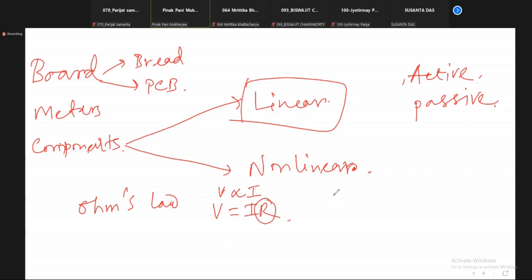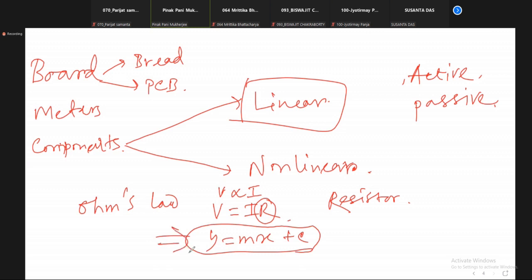So that's why resistor is a linear circuit element, because it follows V equal to IR, and V equal to IR is analogous to Y equal to MX plus C. This is the equation of a line as per coordinate geometry. V equal to IR is nothing but Y equal to MX; here the C part is 0. So that's why resistor is called a linear circuit element.